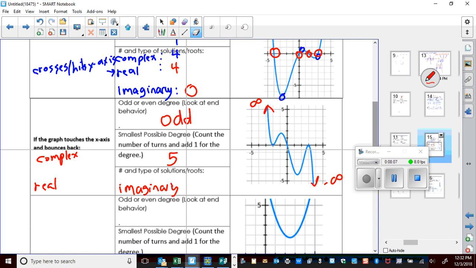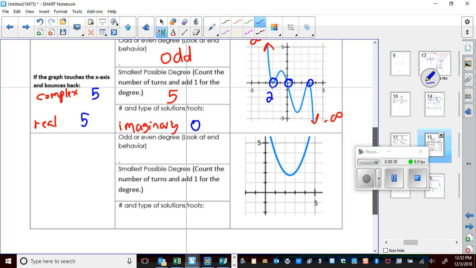Now, let's count the complex roots here. Should be 5 total. Now, how many real roots? I have 1, 2. So that's 2 here, because it doubles back. 1, 2. So it looks like 5 real roots and 0 imaginary roots.